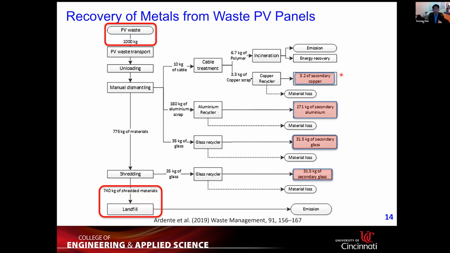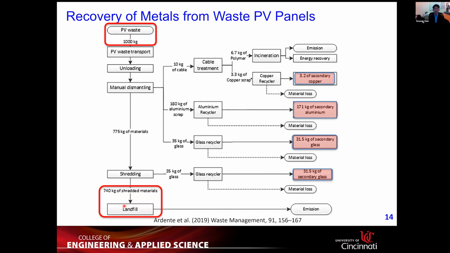And maybe we can recover some material like copper, 3.2 kilograms out of 1,000 kilograms, aluminum about 171 kilograms, and some glass material about 63 kilograms. So this is good, we can recover some material, but we still generate a large amount of other material, more than 70%, that goes to landfill.